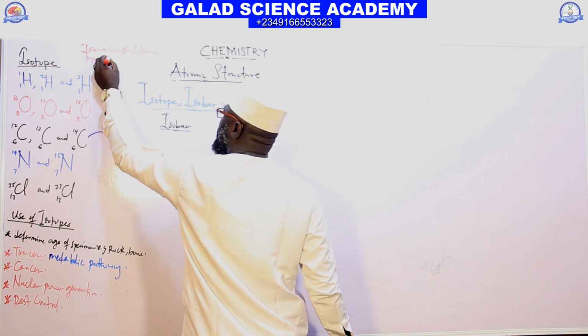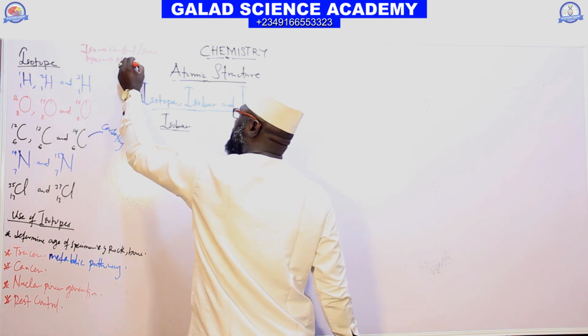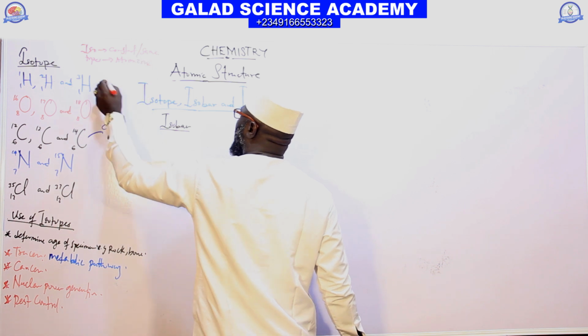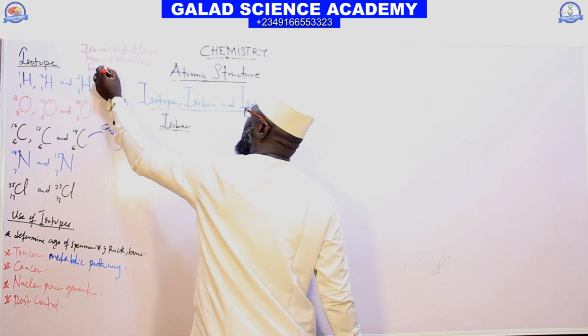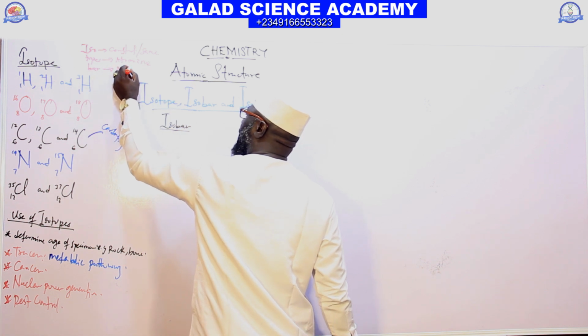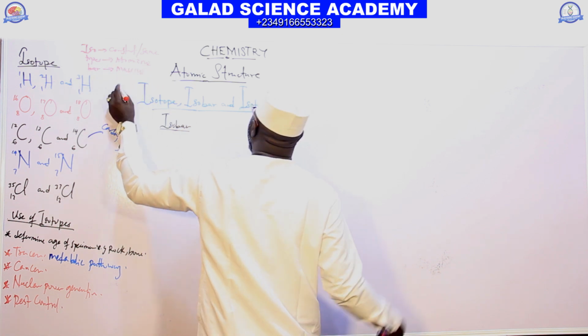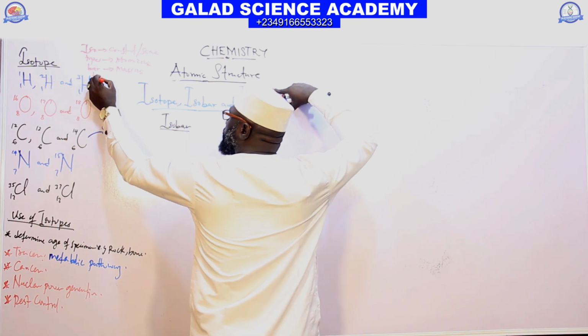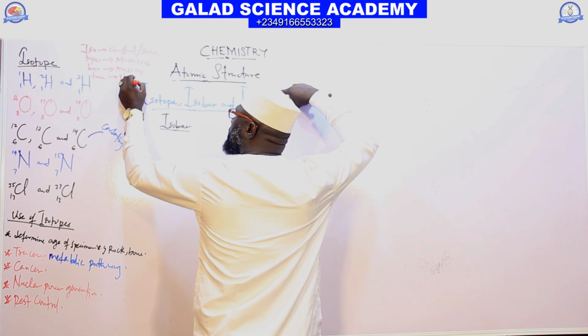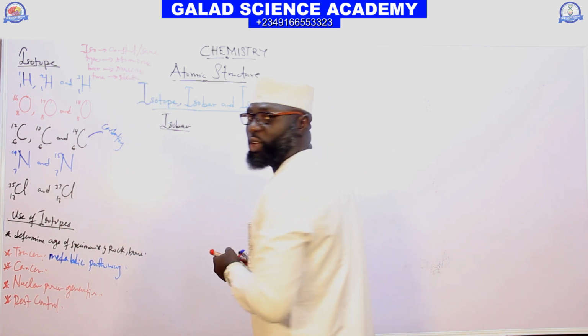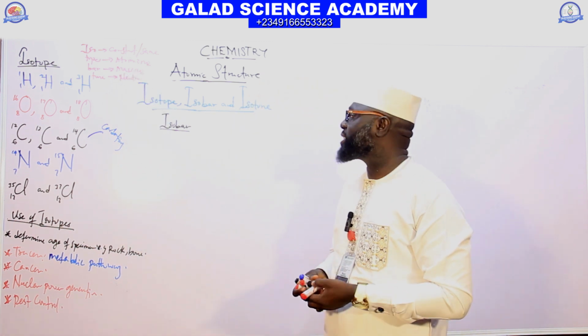Topes, we call it atomic number. Bar here, we call it mass number. Tone means neutron number.